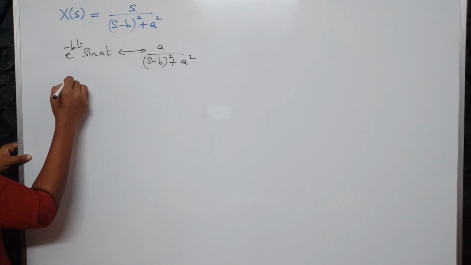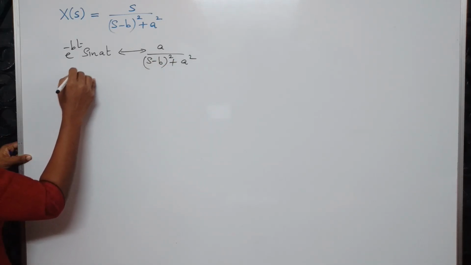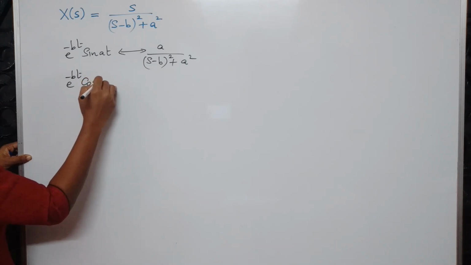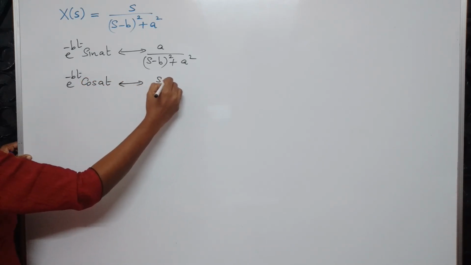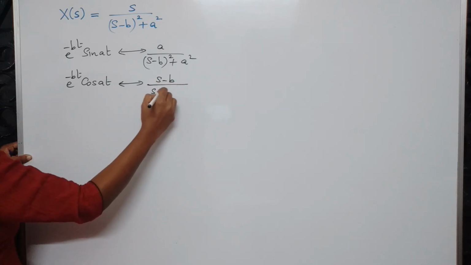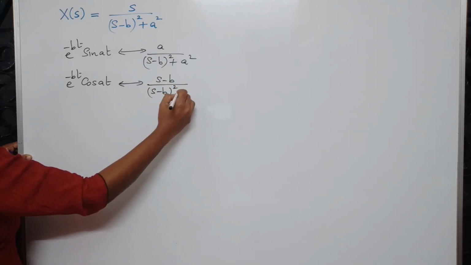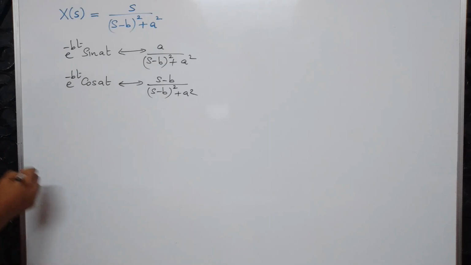Also, another standard result is e raised to minus bt cos at, which will be (s minus b) by (s minus b) the whole squared plus a squared. So these are the two standard results.